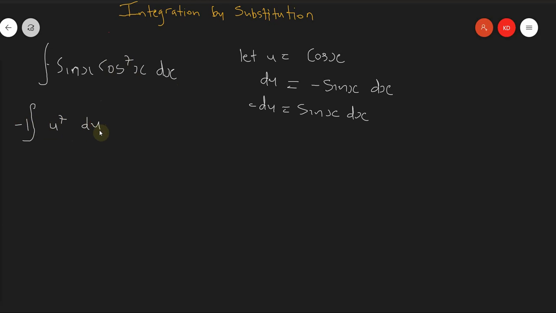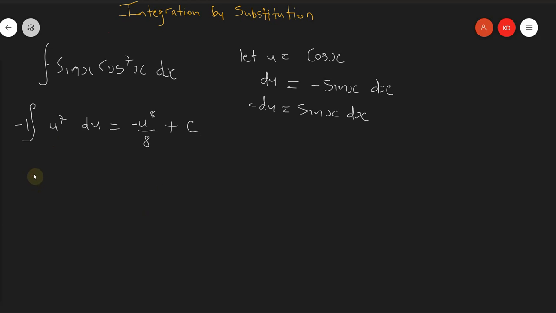Right, now the integral of u to the 7 would simply be u to the 8 over 8, and remember that there is a negative sign outside the integral sign, so you'd have a negative sign there, and of course plus c. Right, and now all you would need to do is back substitute.